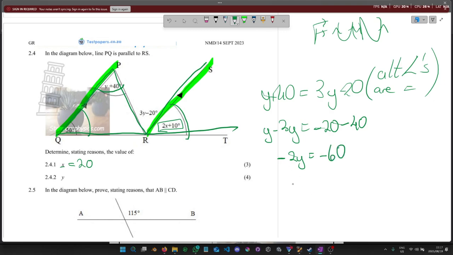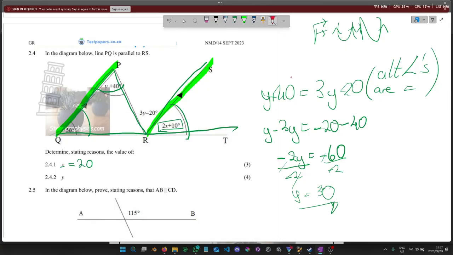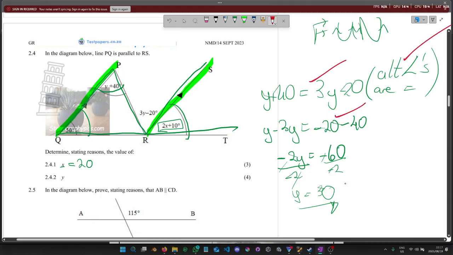Let's get rid of the minuses, so we can divide by minus 2, minus 2. y will be equal to, this cancels and this cancels out. So it's 60 divided by 2? 30. Awesome. You'll probably get a mark for this substitution, and for working out your answer.